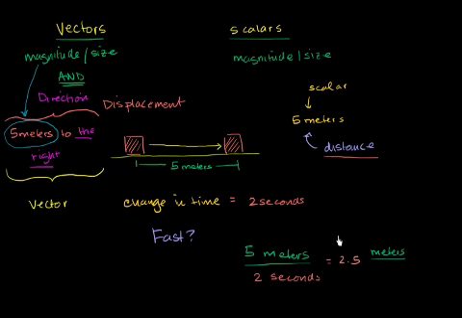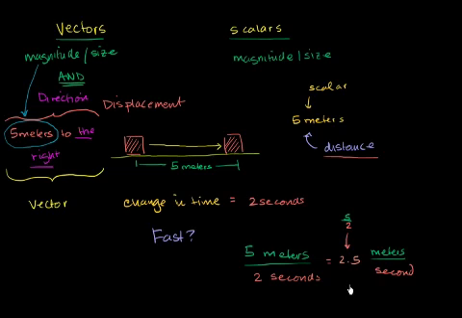Meters per second. This right here is just the 5 divided by the 2. So my question to you: this 2.5 meters per second tells you how far it traveled in a certain amount of time. Is this a vector or a scalar quantity?